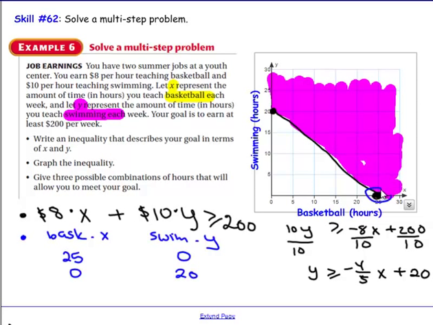So this is the first combination. This is the second combination. And then I can also pick something here, which means that I'm teaching basketball for 15 hours and swimming for 20 hours. But you can pick any combination as long as it's in the shaded region or on the line, because this one is a solid line.